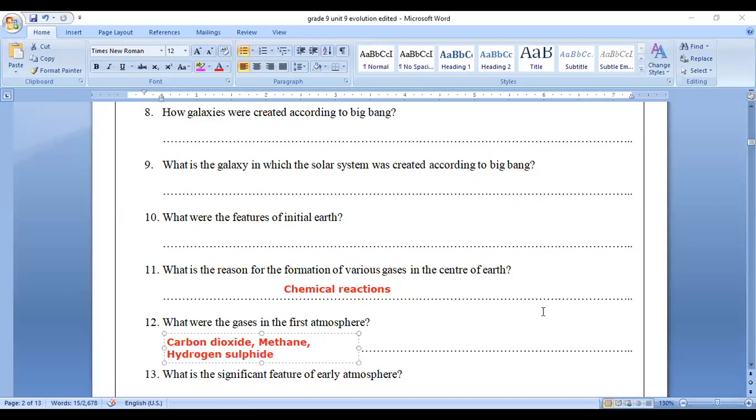What is the significance of the first atmosphere or early atmosphere? Whose absence is the significance? Oxygen. That is the absence of oxygen gas. That is also the significance.